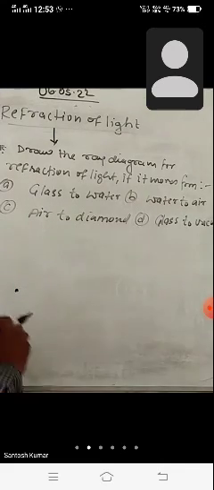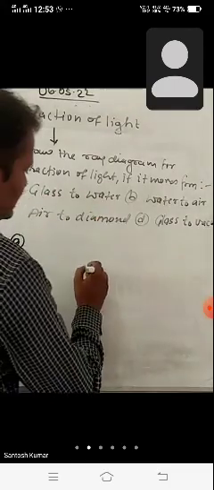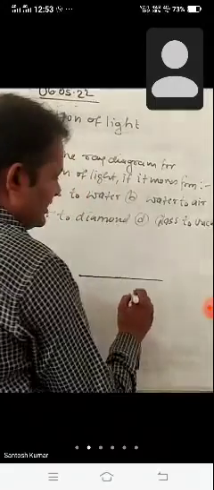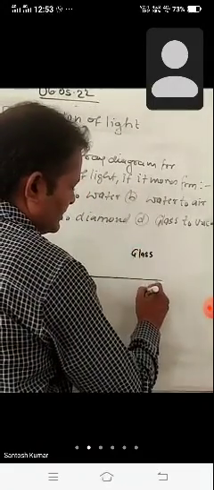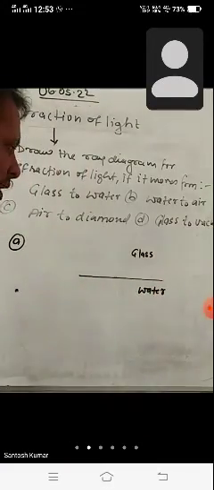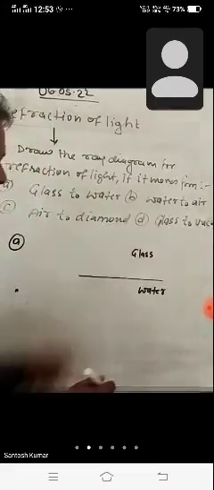So just see. A, glass to water. Just see the diagram here. This is glass. This is water. Now we have to decide. Light rays are moving from glass to water. Just see.